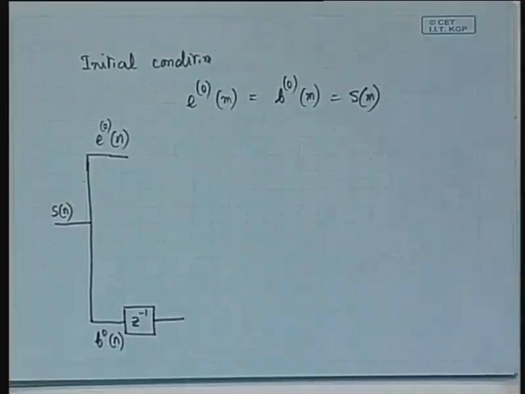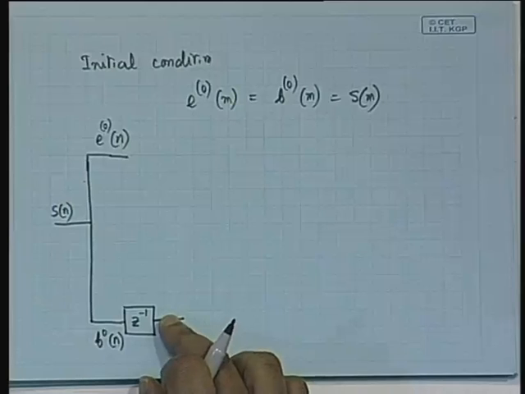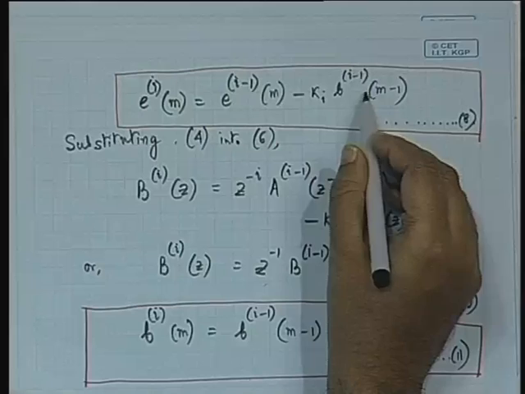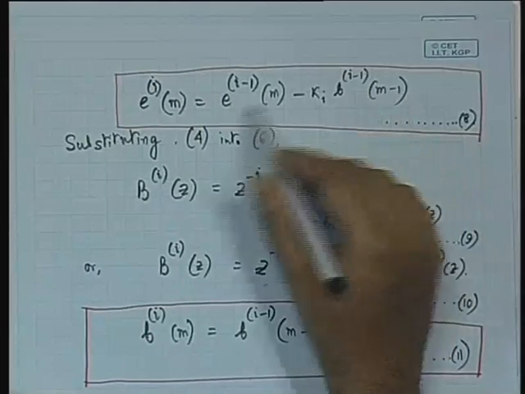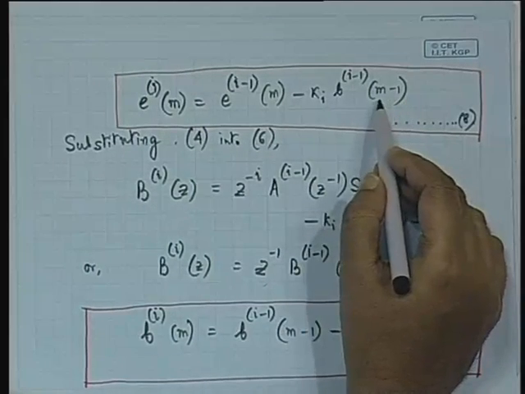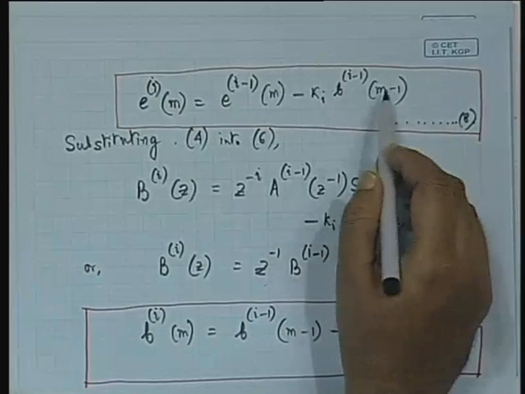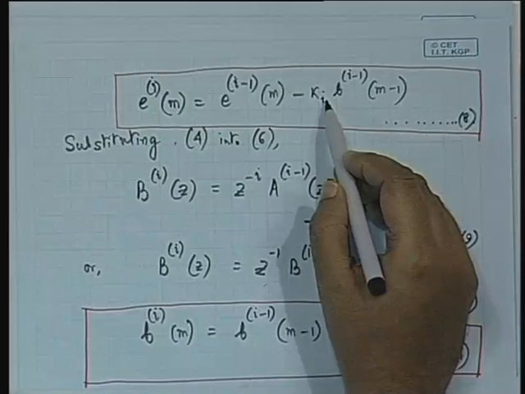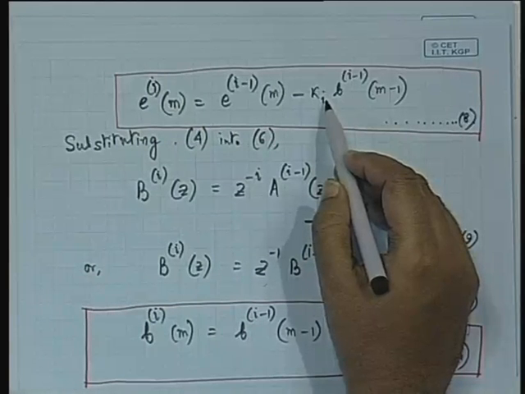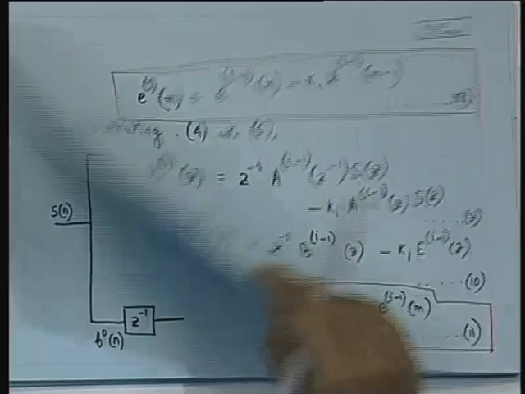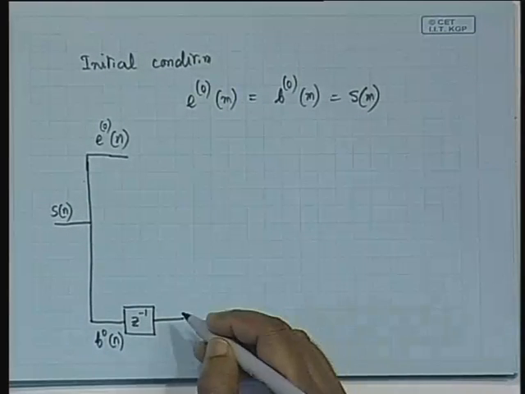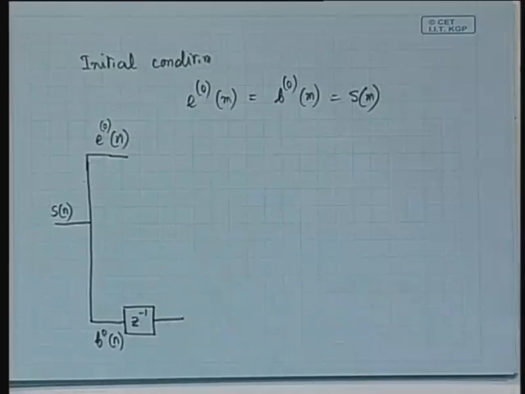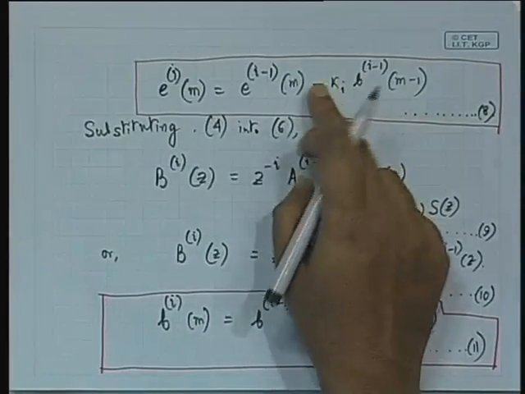So, now B0 of n minus 1 is already obtained from this, in this case instead of writing m we are writing n, that is not a problem, but B0 of n minus 1 is multiplied by a coefficient Ki. So, in this case it is becoming k1. So, we have to multiply this B0 of n minus 1 by a factor k1, not exactly k1, rather minus k1.